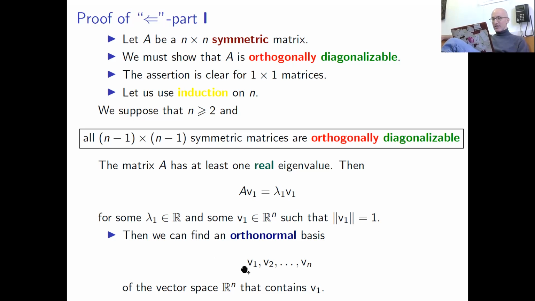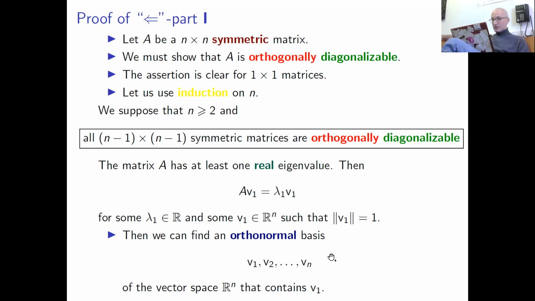Again, this extension step is absolutely not canonical. It's not, of course, completely random because we want these vectors to form an orthonormal basis, but there's a lot of choice in the vectors v2, v3 up to vn.